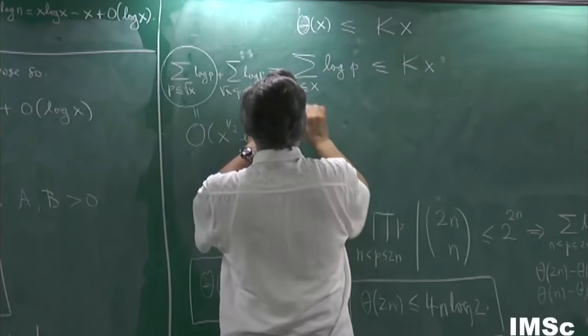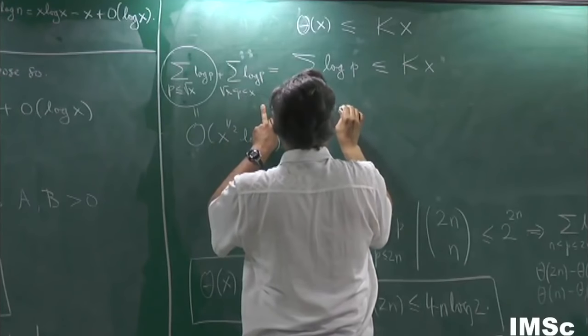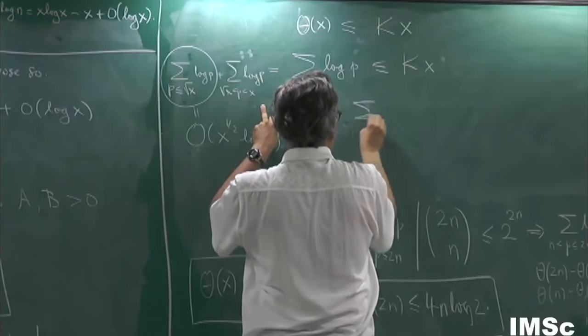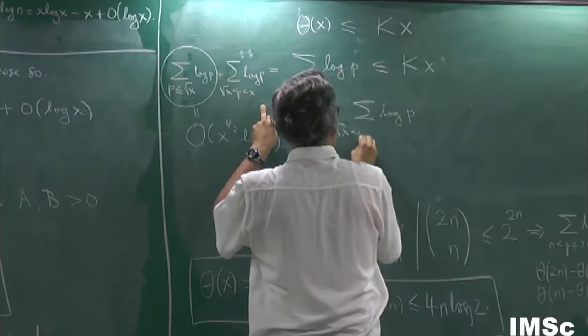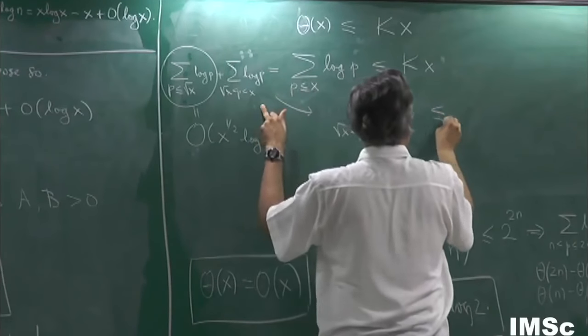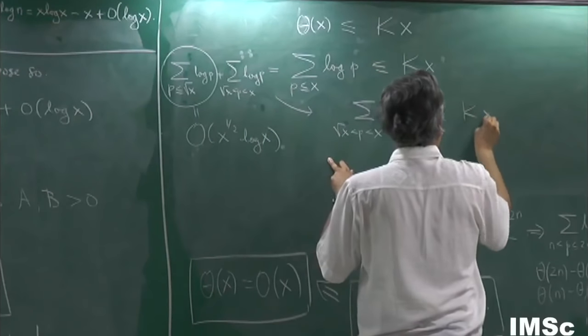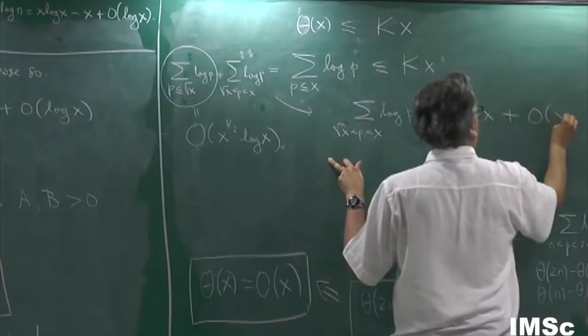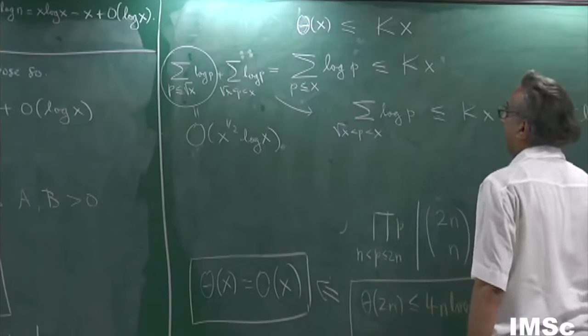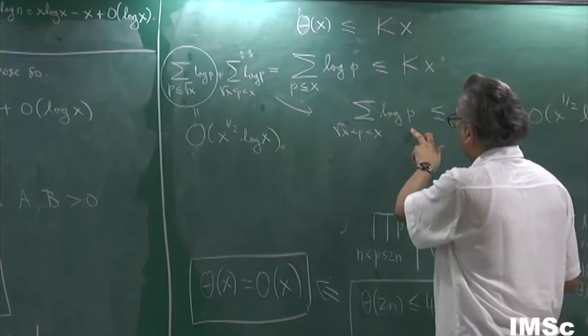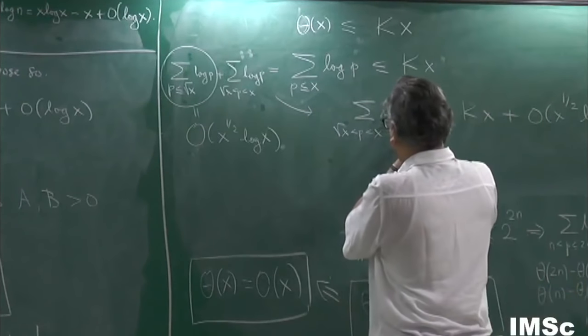and then this guy is now pi, summation log p, root x < p < x, is bounded by kx plus O of x to the half log x. And now here we have a lower bound.